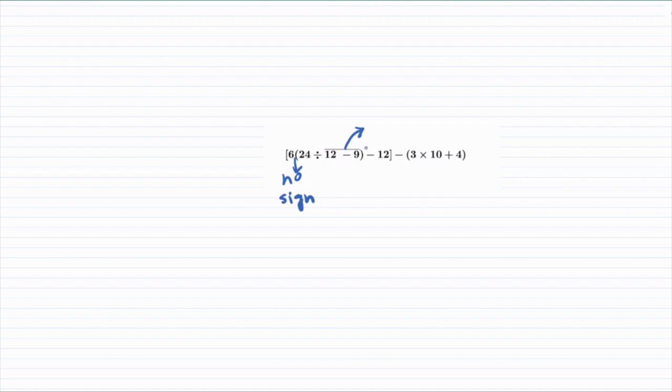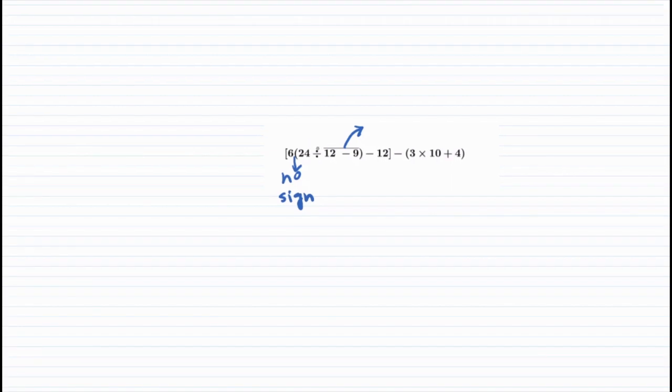This line is put on top of these two numbers, 12 and 9. This line is actually grouping these two numbers together, and it is indicating we have to perform these operations first. So let's begin.